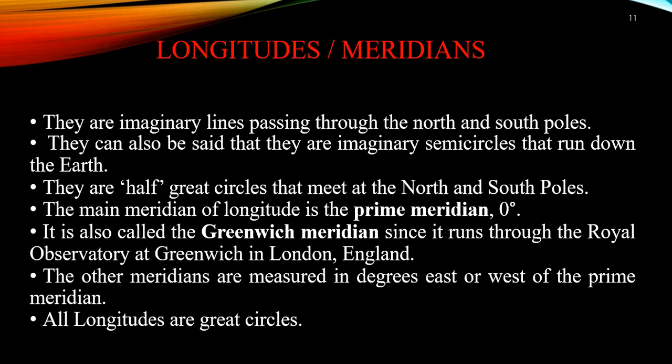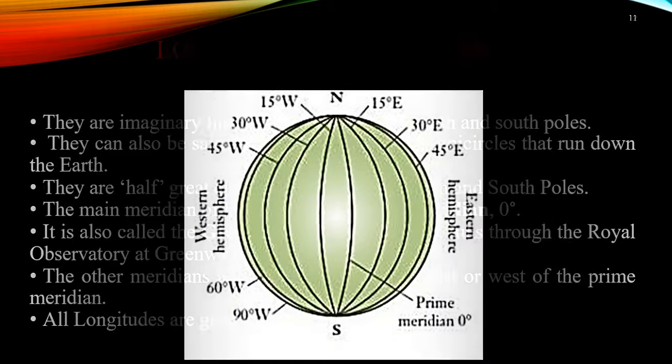It is also important to note that other meridians, or other longitudes, are measured in degrees east or west of the prime meridian. And last but not least, all longitudes are great circles. This is very important, especially for calculation of time and distance in geography and mathematics.